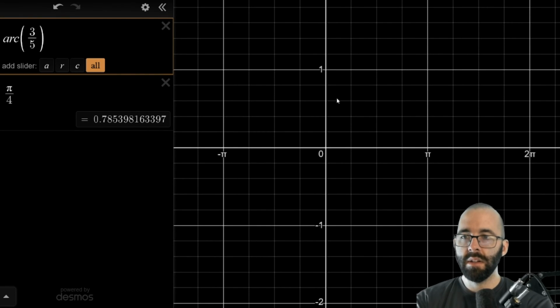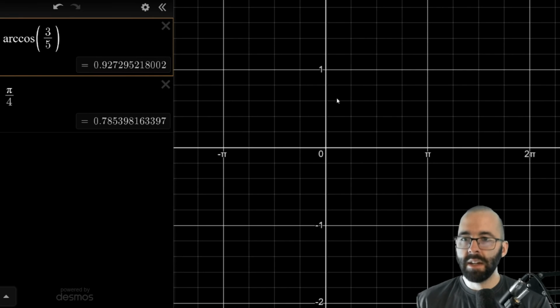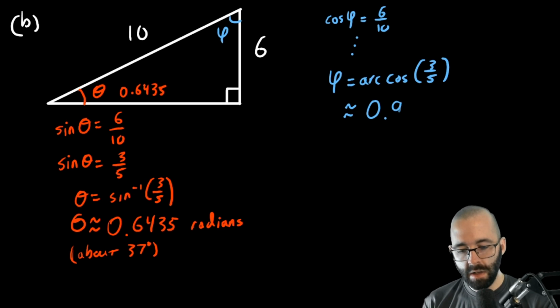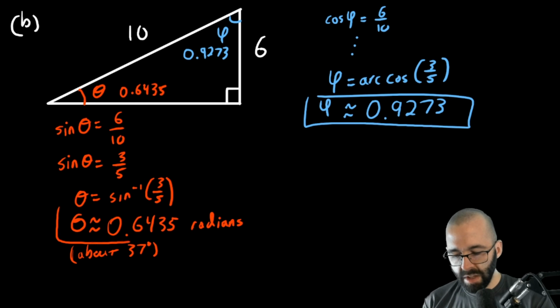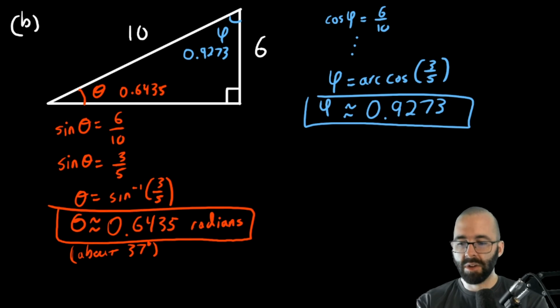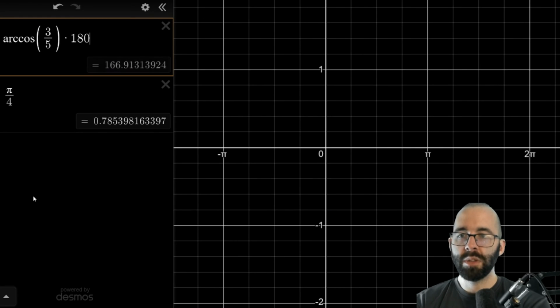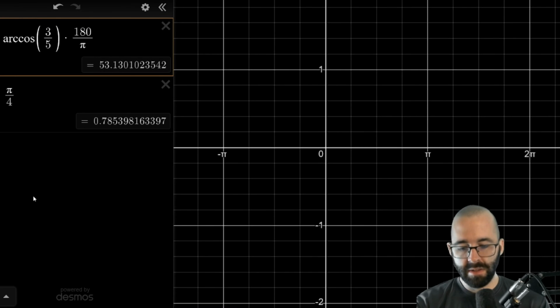Arc cosine of 3/5 is about 0.9273. Or, likewise, we could convert this to degrees as well if we wanted. Multiply by 180, divide by pi. It's about 53 degrees.